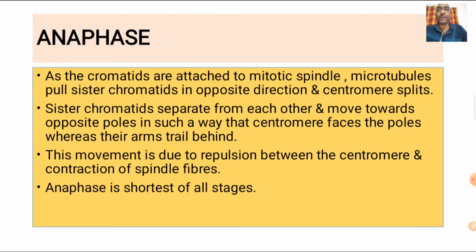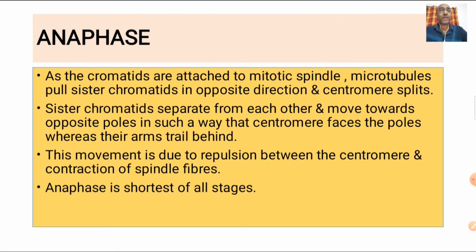Now during the anaphase stage, the microtubules of the mitotic spindle pull sister chromatids in opposite directions. These opposite pole spindle fibers pull the sister chromatids in opposite directions, as a result of which the centromere splits into 2.